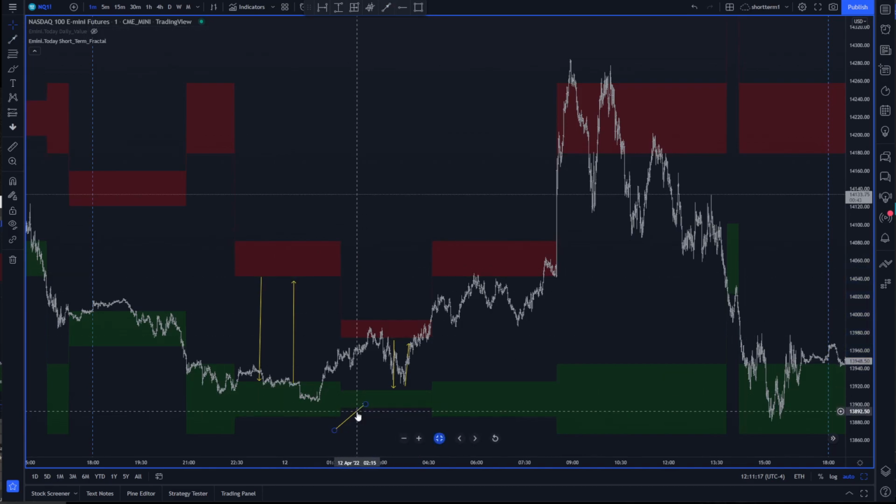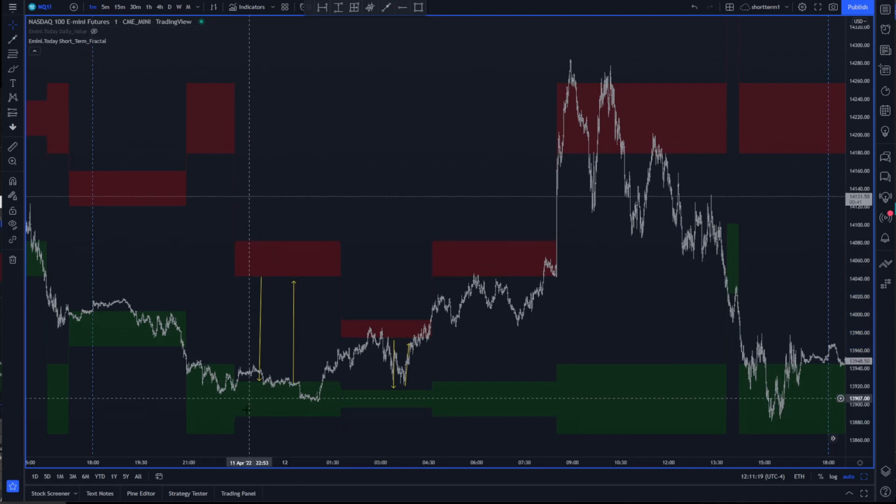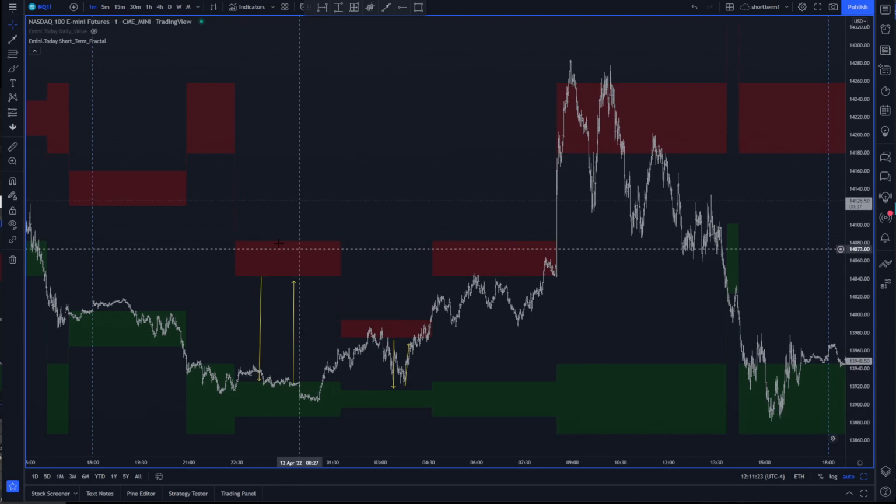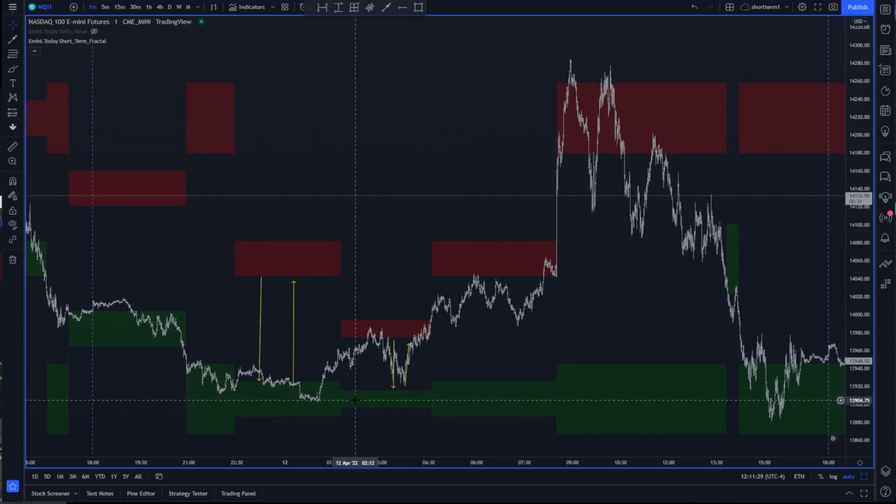Let's call this a fractal. This fractal was larger than this one. It's obvious that it's because of volatility in time.